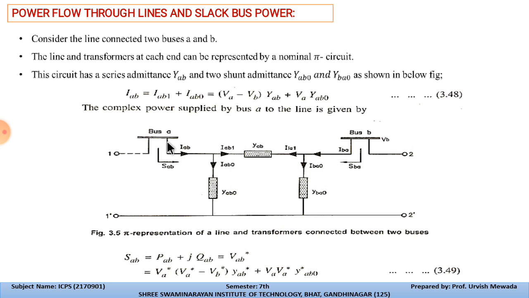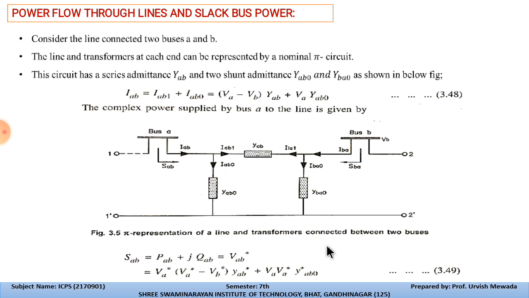This is the pi representation of a line and transformer connected between two buses. Consider a line connected between the two buses A and B; the line and transformers at each end can be represented by a nominal pi circuit.